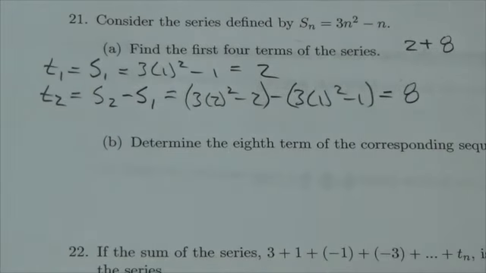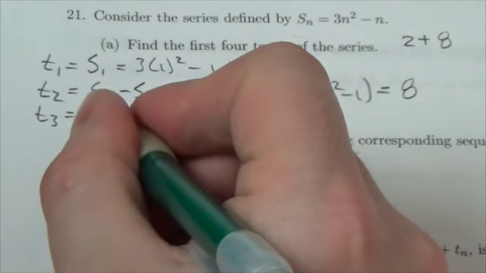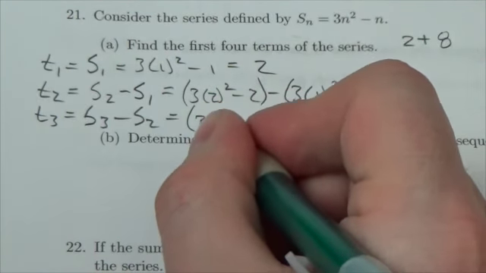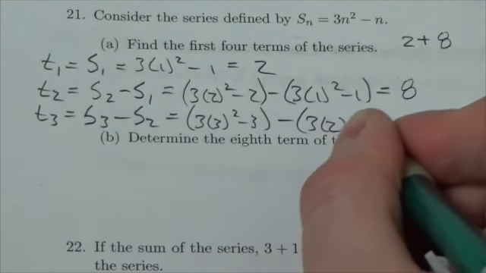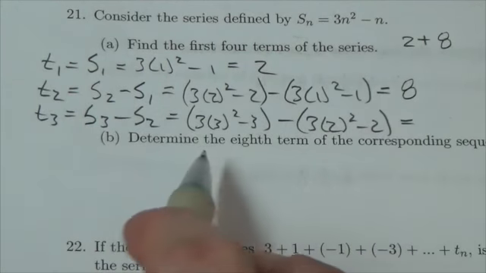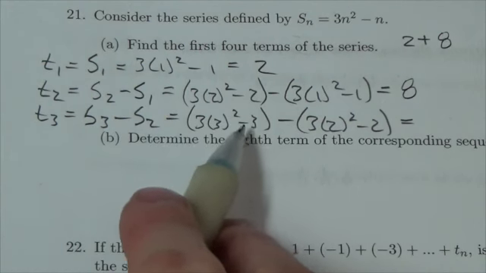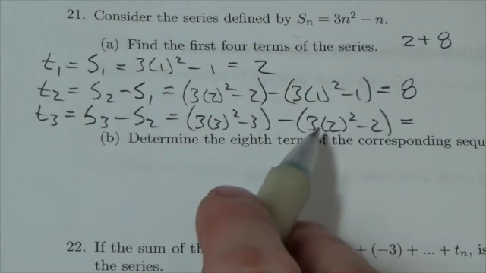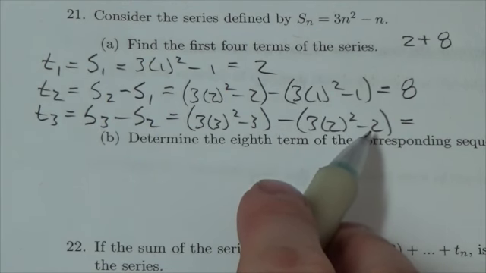Now, I don't know if this is arithmetic or not, so I'm going to have to go through and do the third term, and the third term will be the third sum minus the second sum. So this will be 3 times 3 squared minus 3, minus 3 times 2 squared minus 2. 3 squared is 9, times 3 is 27, minus 3 is 24. 2 squared is 4, 3 times 4 is 12, minus 2 is 10.